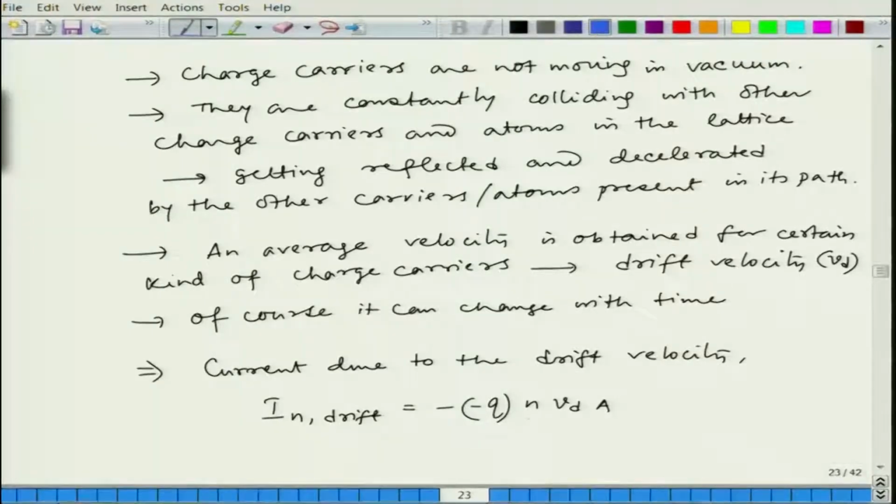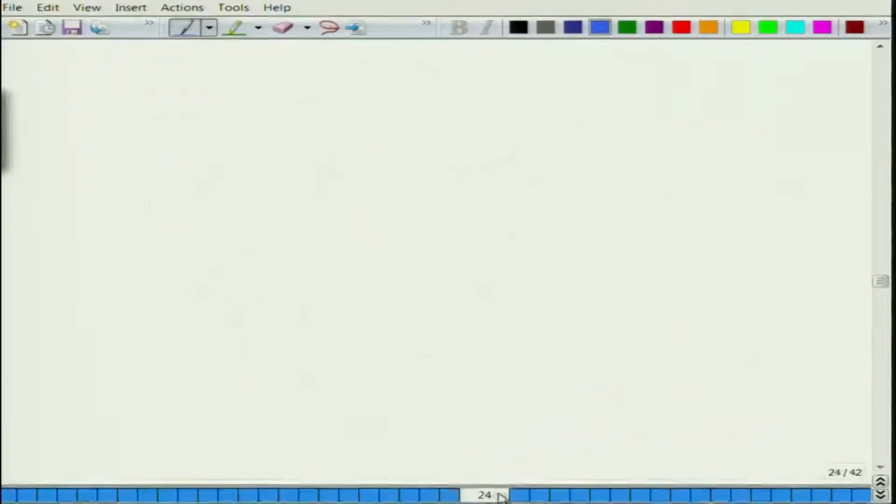So, this is the number of electrons, this is the drift velocity already, okay, and this is the cross sectional area, because we are not talking about current density, but current. So, that will depend on the cross sectional area. Okay. So, this is straightforward.